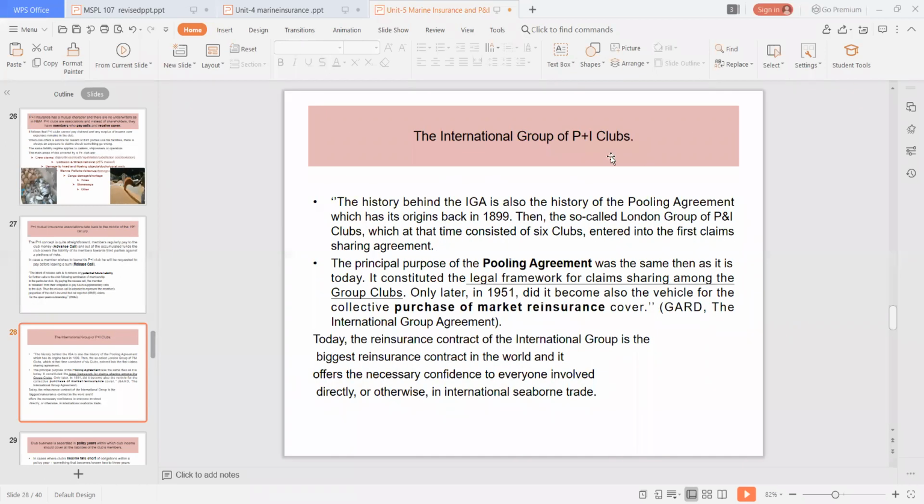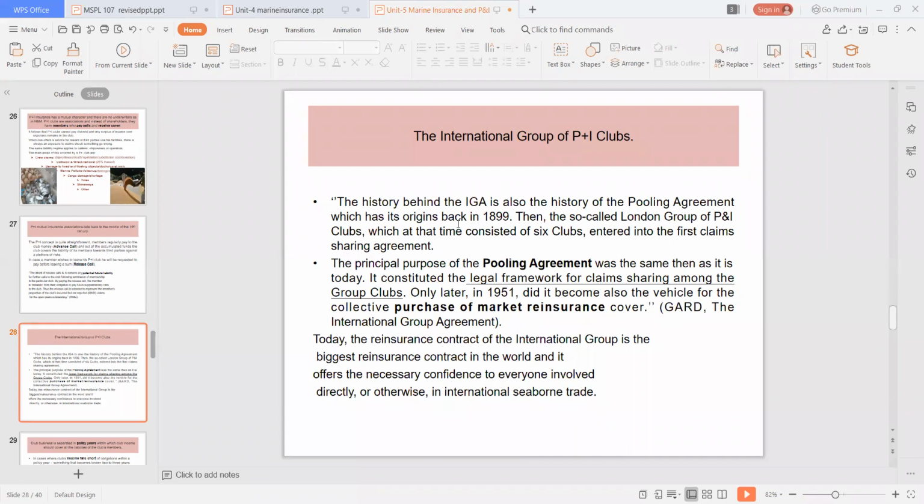The International Group of P+I clubs, the history behind the IG, also the history of the pooling agreement, has its origin back in 1899. The so-called London group of P&I clubs, which at that time consisted of 6 clubs, entered the first claim sharing agreement. The principal purpose of the pooling agreement was the same. Today, it constitutes the legal framework for claims sharing among the group clubs.